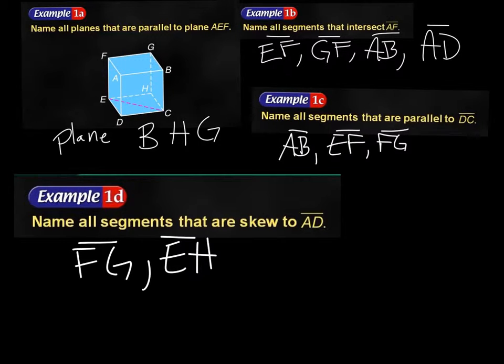We could also use GB would also be skew, and so parallel to GB would be HC. And then they've also drawn in a segment from E to C.